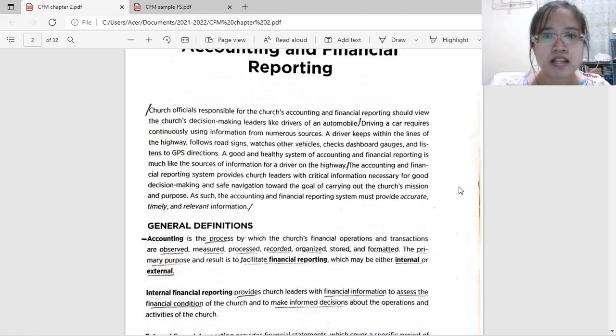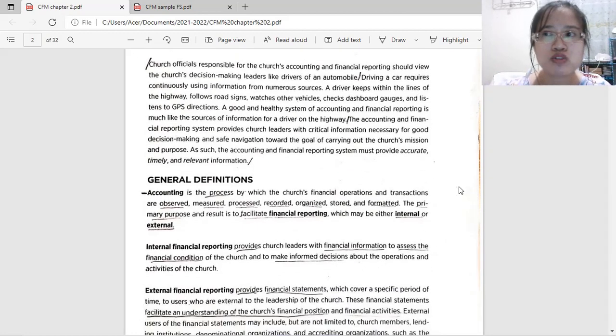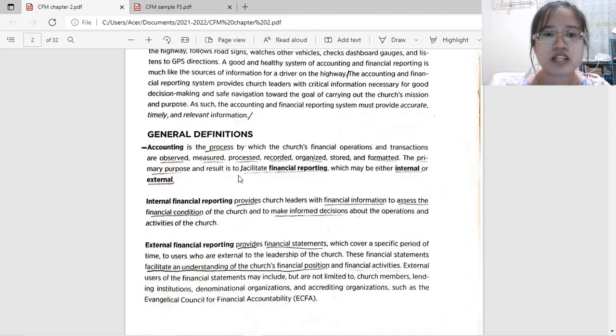Okay. When it comes to financial reporting, there are two types: internal and external financial reporting. For internal, there are no guidelines or strict laws to be followed, at least here in the Philippines.